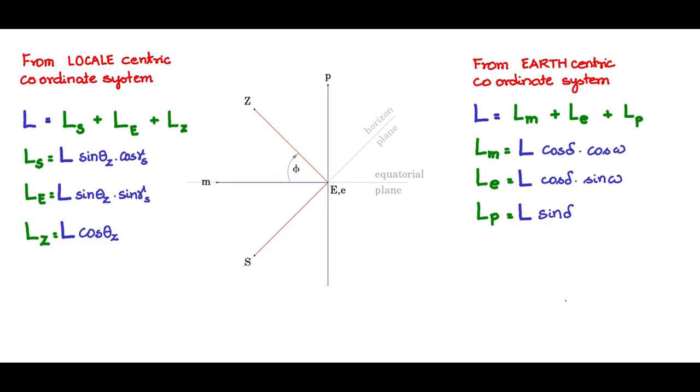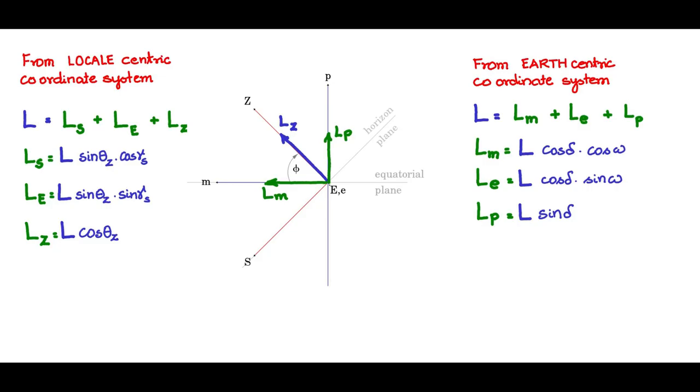Now looking at the figure here, LZ is along the zenith axis, which is orthogonal to the horizon plane, and LZ can be resolved into LM on the earth centric coordinate system and also LP on the earth centric coordinate system polar axis.